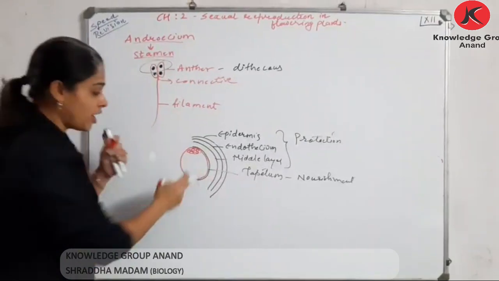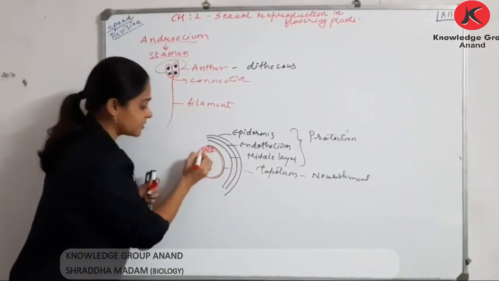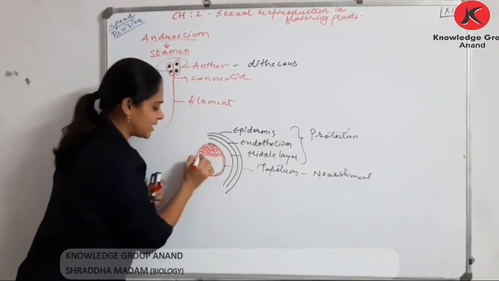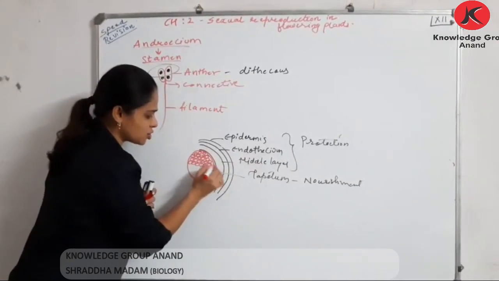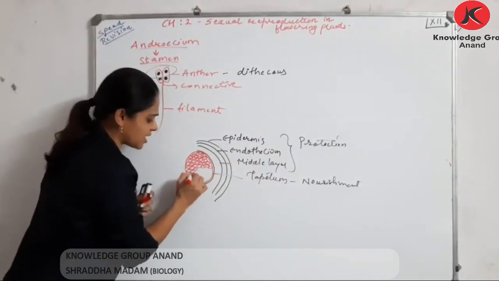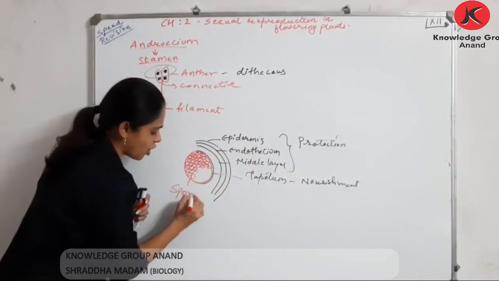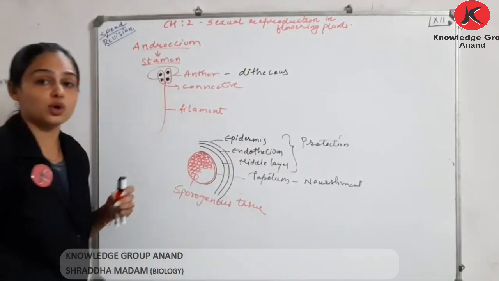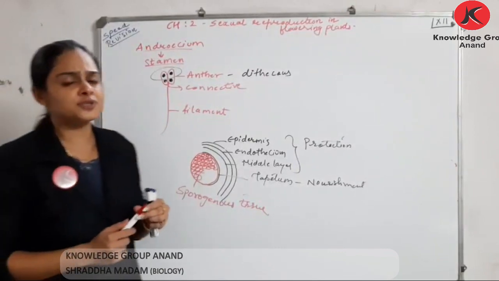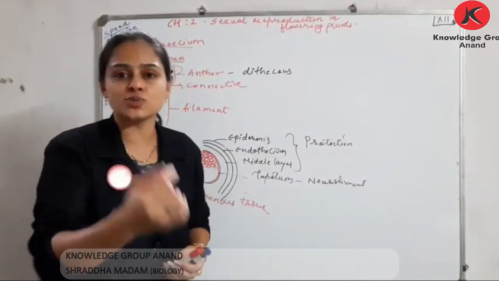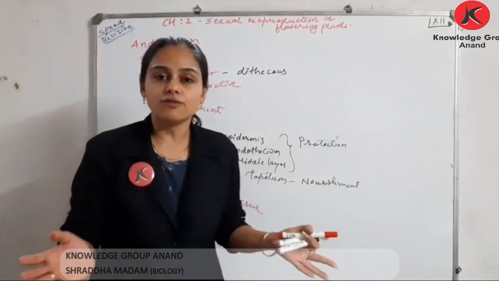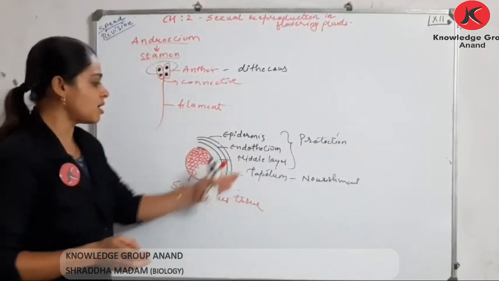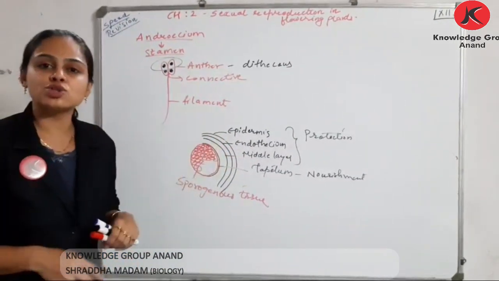Now if we are focusing on this pollen sac, then this has a mass of undifferentiated cells, this red one, and this is called your sporogenous tissue. Each of these sporogenous cells is rich in food reserve and has dense cytoplasm. तो ये हो गया आपका structure of your microsporangium.